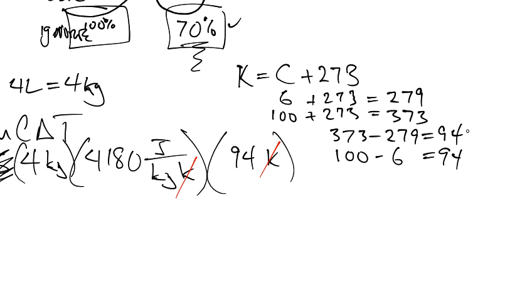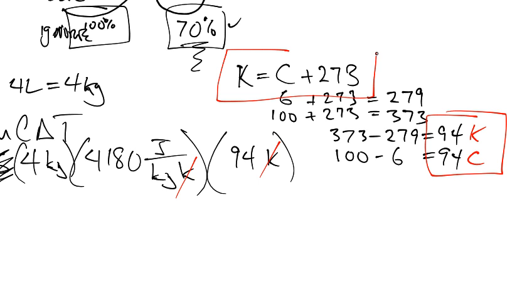But understand that the delta is going to give you 94 Kelvin and 94 Celsius. For a delta, they're the same. Okay? Because of this equation. So what's the bottom line? Bottom line is save yourself a little bit of work. All you need to do is 100 minus 6, and you can just use 94 Kelvin then.